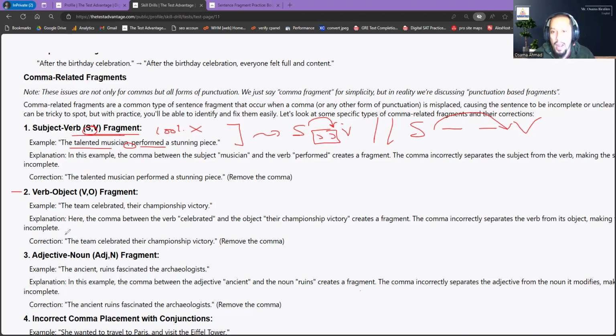Verb object fragment. برضو ما ينفعش divide الverb من الobject. The team celebrated the championship. You see verb. What did they celebrate? Their championship. Object. You cannot split it. Again, ينفع verb double comma object. Verb double dash object. بس ما ينفعش comma واحدة، dash واحدة، semicolon، colon. You cannot do that. Another common mistake, number 3.